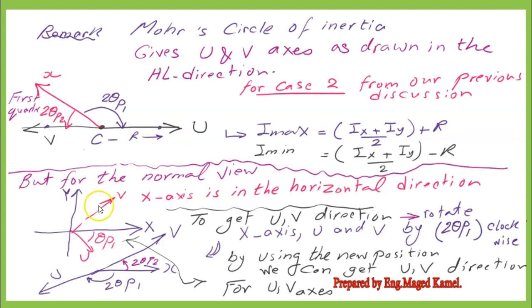For the normal view, we have the x-axis in the horizontal position, so we need to rotate the x-axis and all the relevant axes u, v and y by an angle of 2 theta b1 in Mohr's circle of inertia.